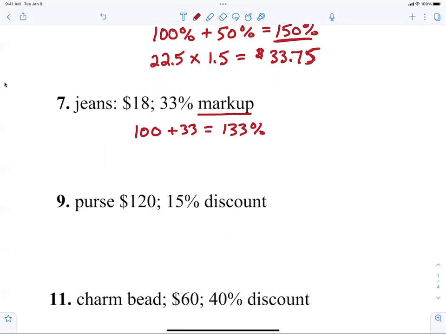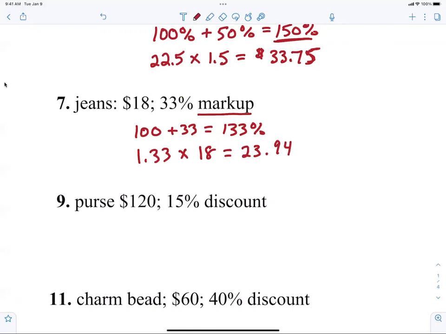Now, Aiden, what am I going to do to get the answer? You would do 1.33 times 18. That is correct. So do 1.33 times 18. $23.94. $23 and how much? 94 cents. $23.94.